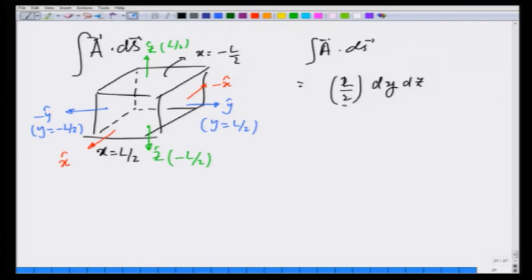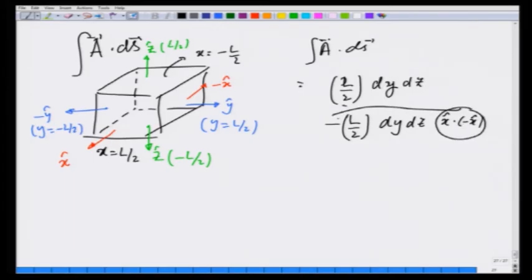So, L by 2, and for the back side I am going to get minus L by 2 dy dz, but then x dot minus x, and that will make this sign plus. I can remove this now, and this gives me L by 2 times L square 2 times, so this gives me L cubed. So, this is the x part.